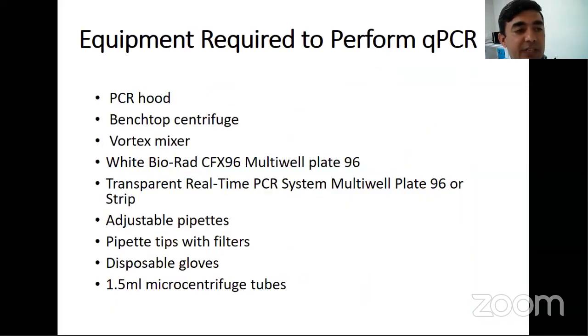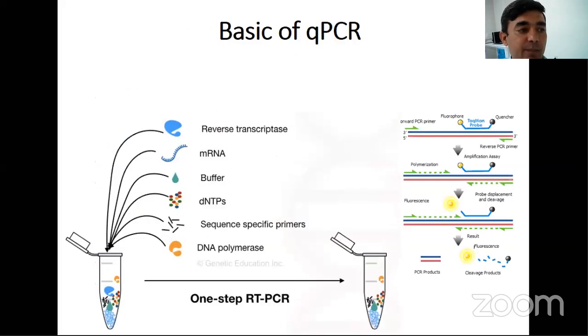There are some basic equipments which are required for qPCR. Dr. Hannah talked about all this setup, so I will not go into fine detail. The reaction mixture is composed of DNA polymerases, reverse transcriptases, and specific primers and probes.